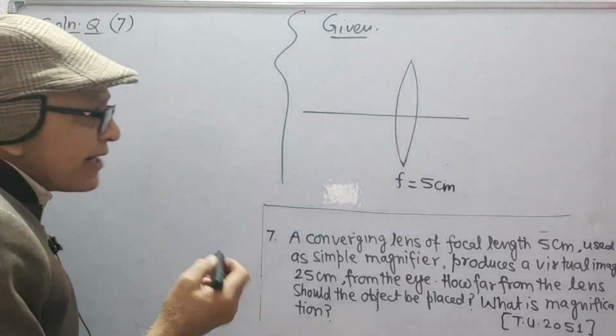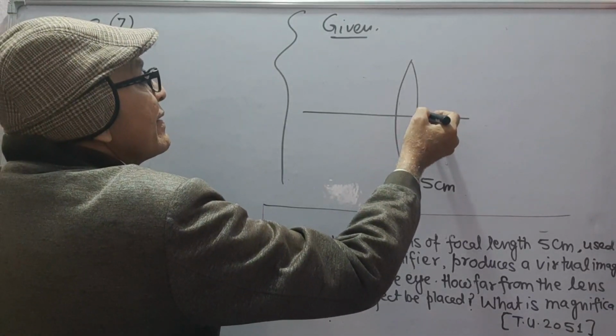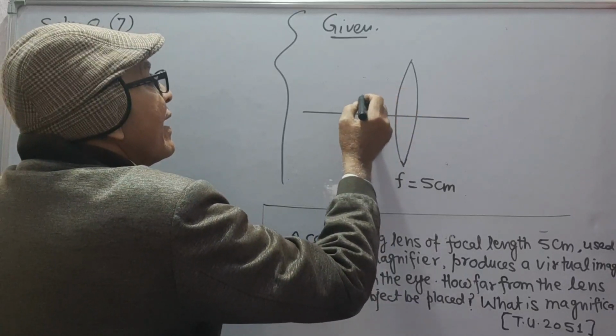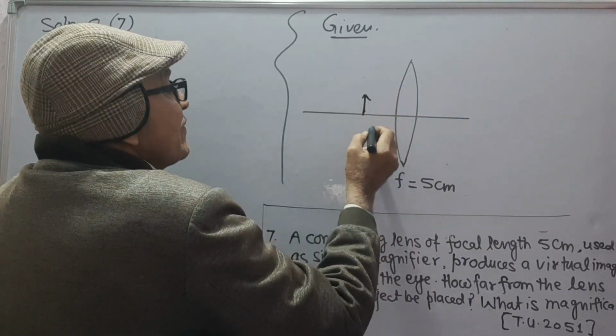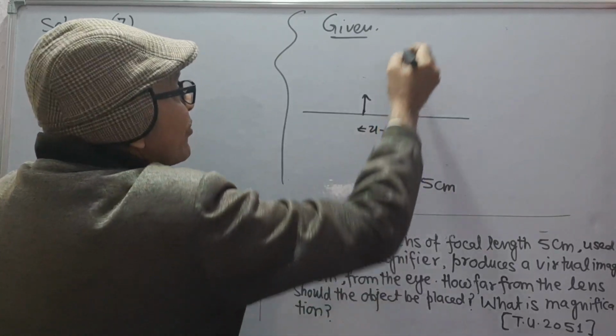As we know, in a magnifying glass, the eye is just near the lens. This is the object. The object distance is to be found.